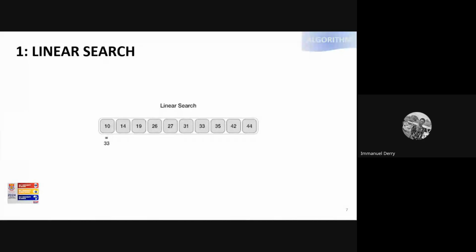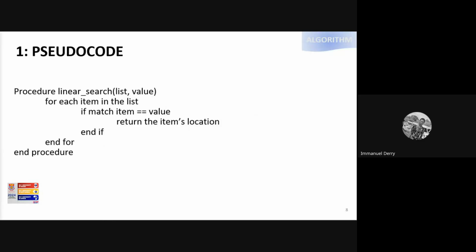linear search algorithm. And for pseudocode, for us to be able to get a concise and clearest understanding of how the linear search works, we provided this pseudocode over here. This pseudocode is a function, linear search, and it takes the list that we saw earlier, which is 10 to 44, and also the value that we are searching for, which is 33.